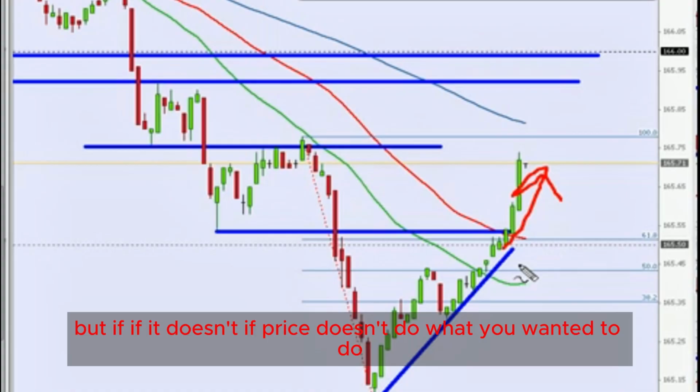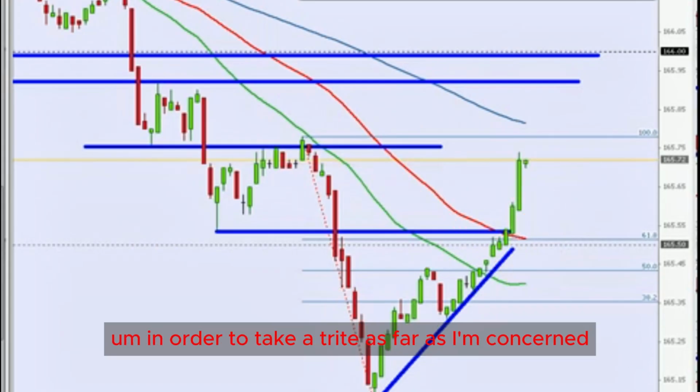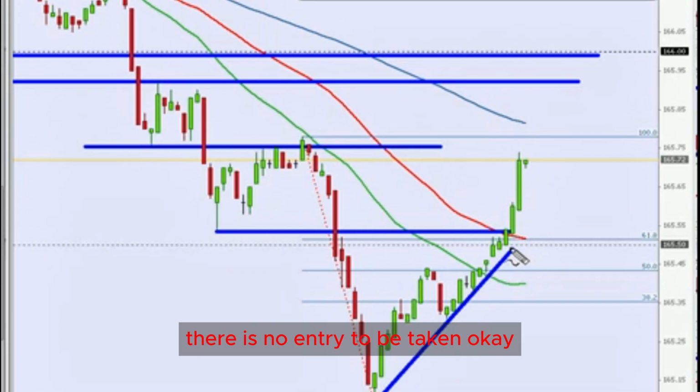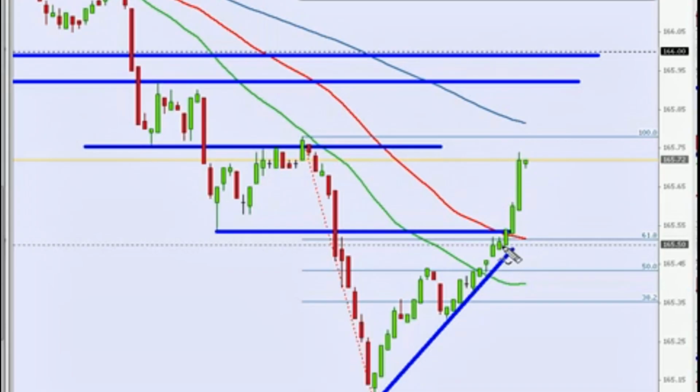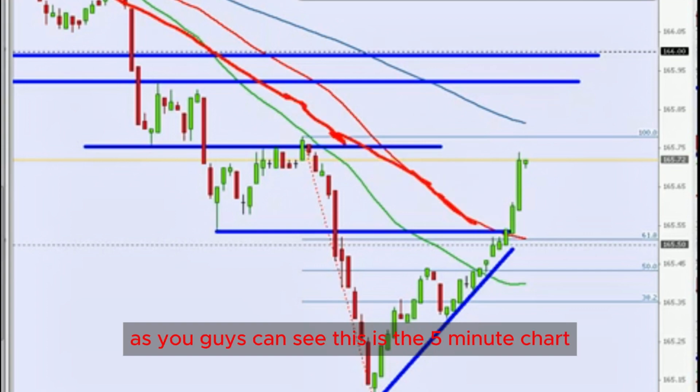If price doesn't do what you want it to do, you take no loss. Basically, you take no trade and you're safe, alright? In order to take a trade, as far as I'm concerned, price has got to do exactly what I want it to do. If it doesn't, there is no entry to be taken, okay? In this case, from a very intraday point of view, this is the 5-minute chart.